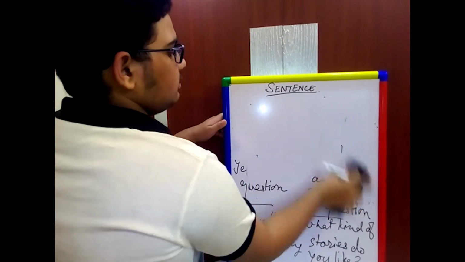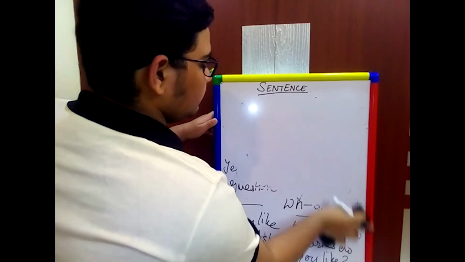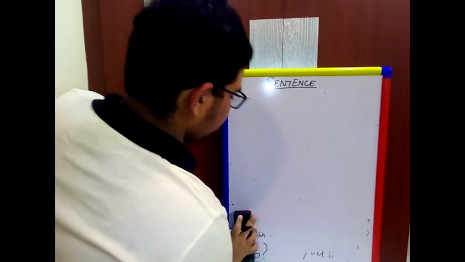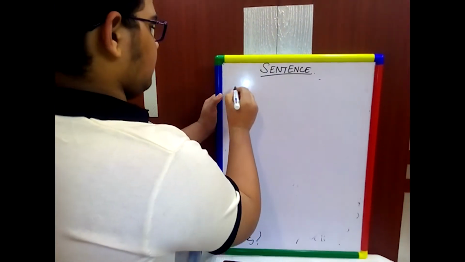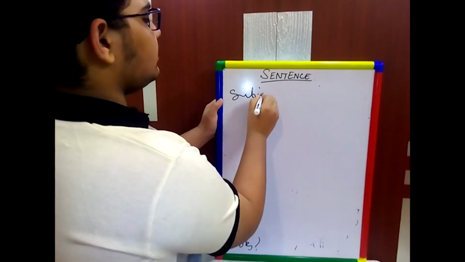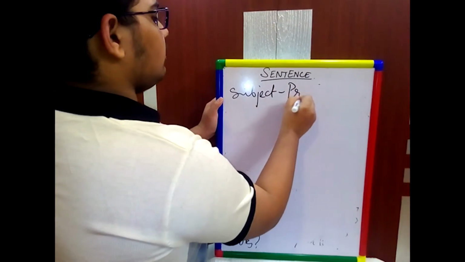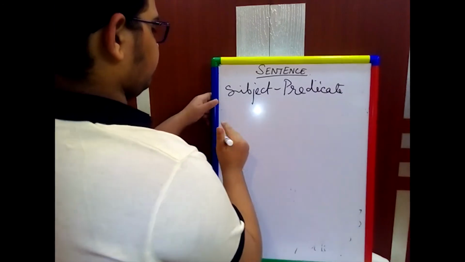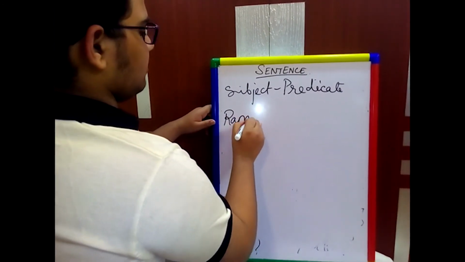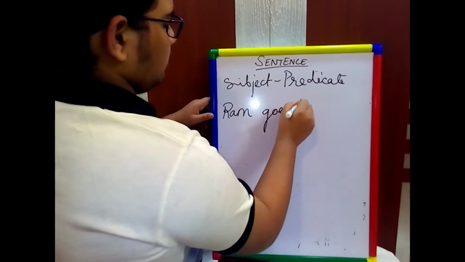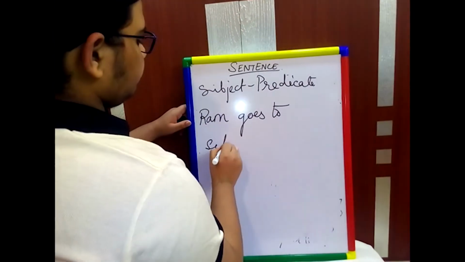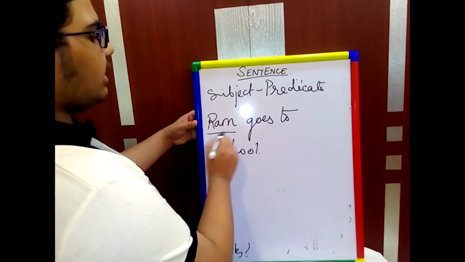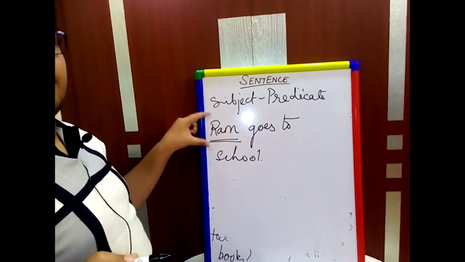Now, we come to a very important part which we know as the subject and predicate. Now, what do we mean by the subject and predicate? Subject and predicate are two very important parts of a sentence. If I write, Ram goes to school, the sentence talks about Ram, or Ram is the subject.